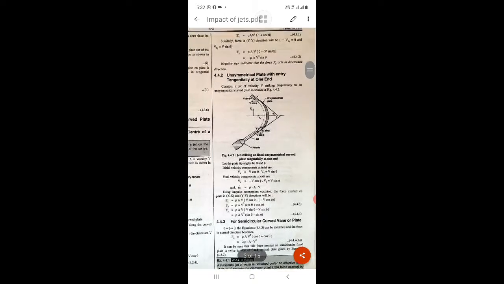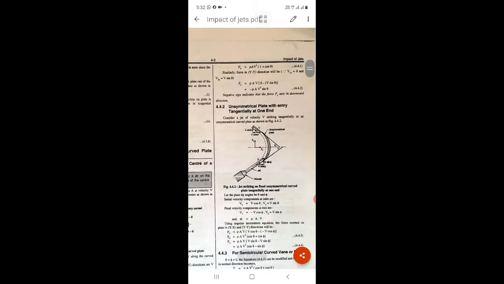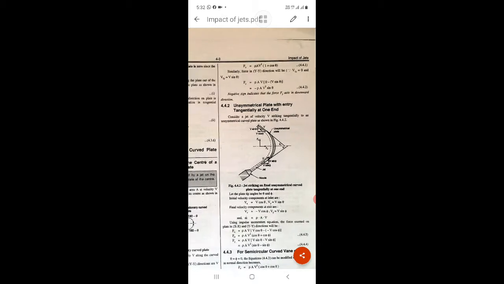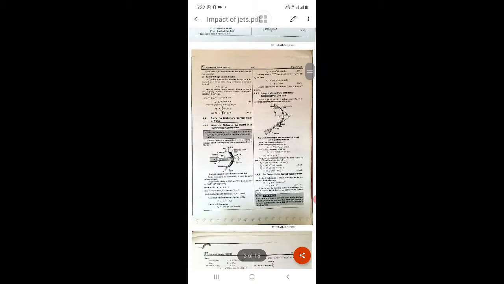So the formula is rho a v square times 1 plus cos theta. Similarly in the y direction, rho a v, initial velocity is 0 and final velocity is v sin theta. With the help of that, clear it all in sequence. So firstly write down the derivation.